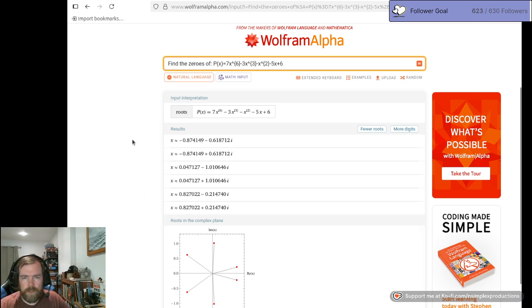So yeah, we were looking at this. There's a very good reason that this is going to be symmetric for even degree, and in fact, any polynomials are going to be symmetric about their real axis. All of our complex, non-real zeros come in conjugate pairs. So we end up with this negative 0.874149 minus 0.618712i, and negative 0.874149 plus 0.618712i.